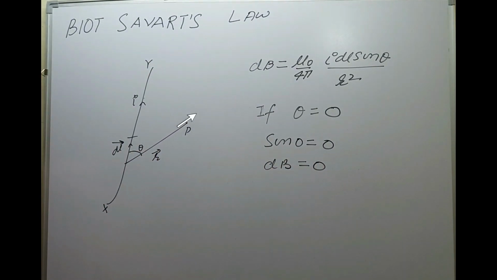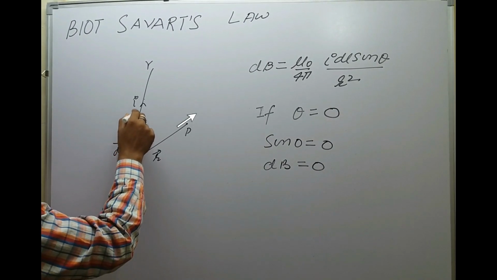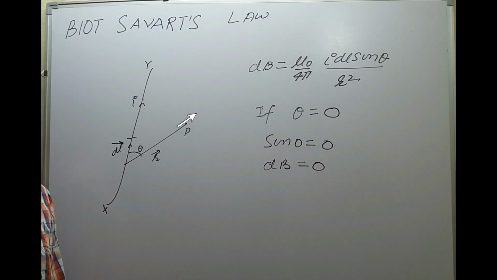Right? It means that if we want to find the magnetic field at this point, this point, this point, or any point here, the magnetic field will be 0.